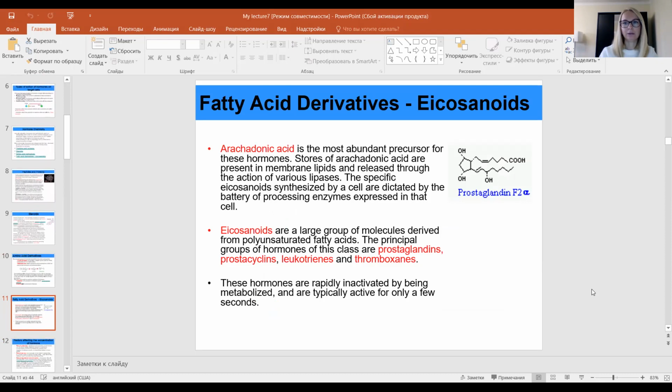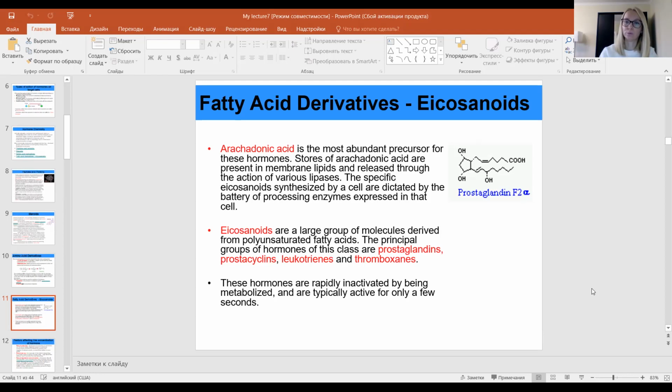Fatty acid derivatives, the next group of hormones. Arachidonic acid is the most abundant precursor for this group of hormones. Stores of arachidonic acid are present in membrane lipids and released through the action of various lipases. The specific eicosanoids synthesized by a cell are dictated by the battery of processing enzymes expressed in that cell.